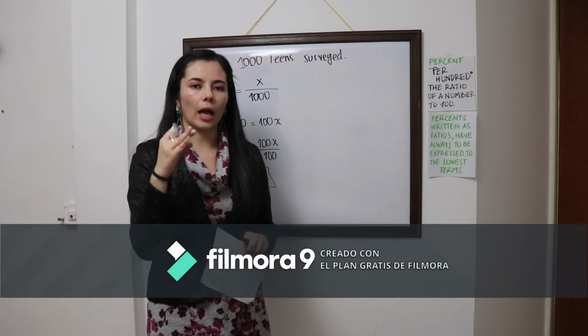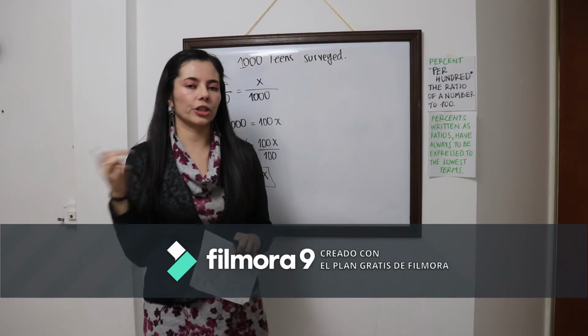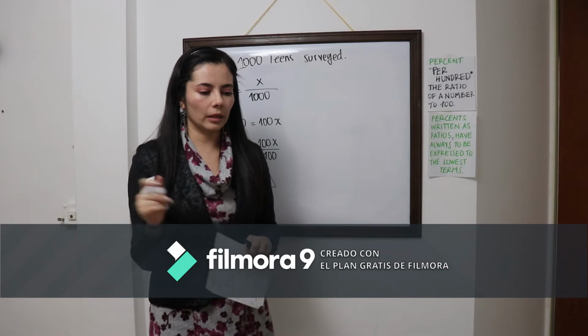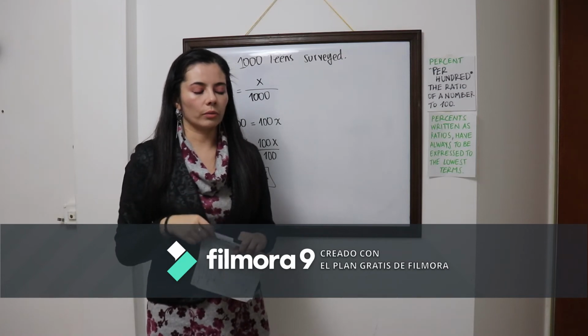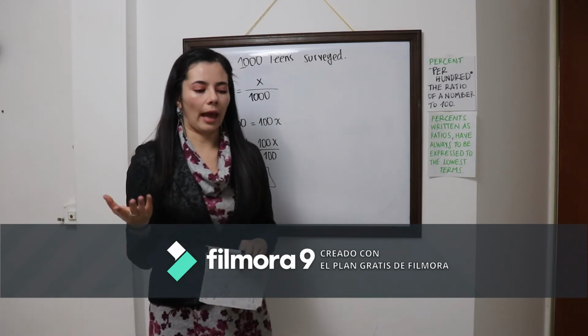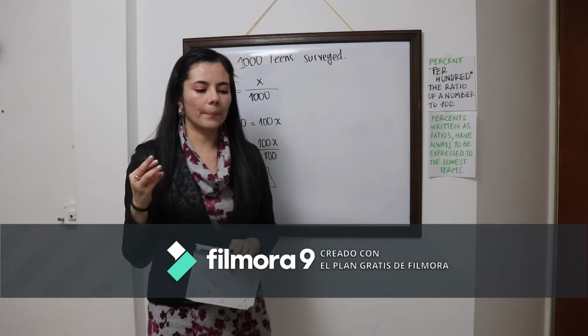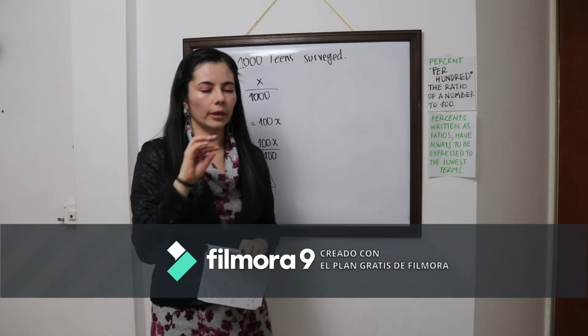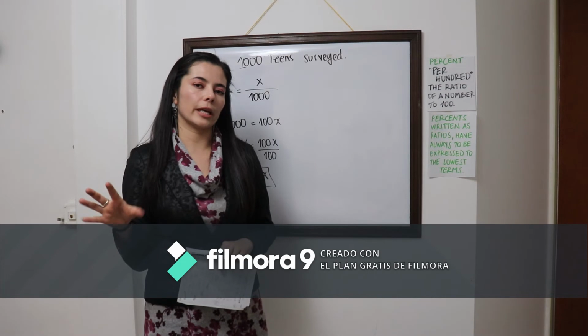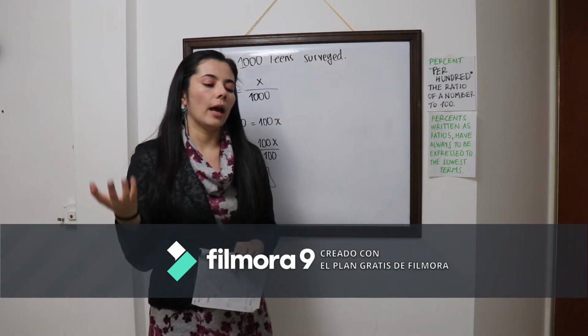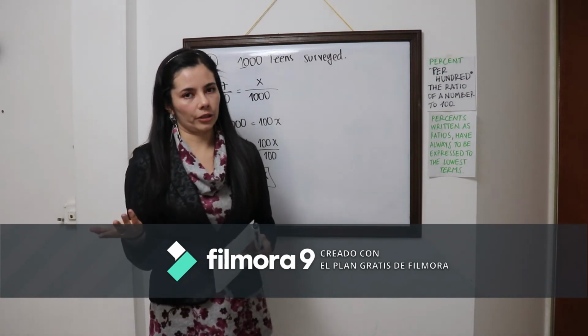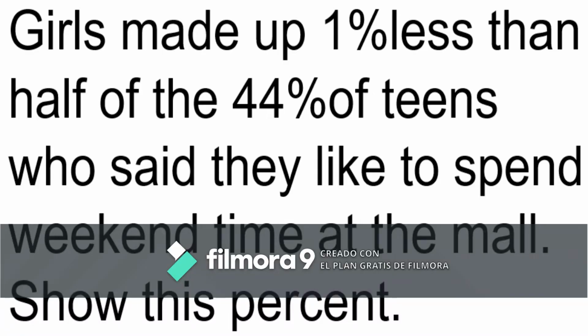And then you just have to write down the fraction and find the percent. It's really that simple. And of course, that ratio can be written as a percent, and I can have a percent written as a fraction as well.